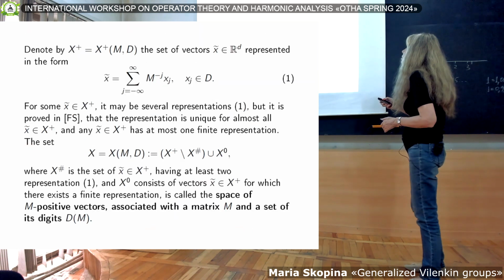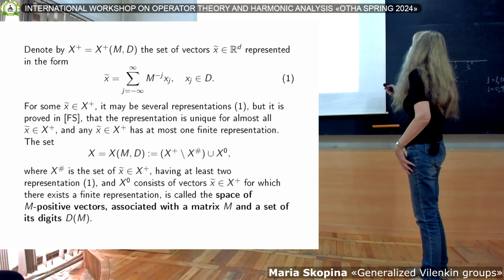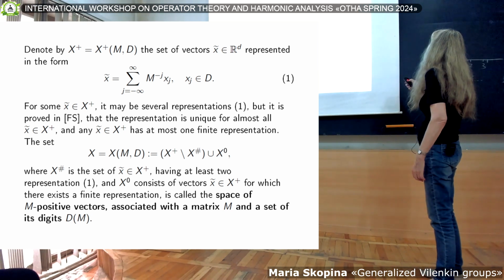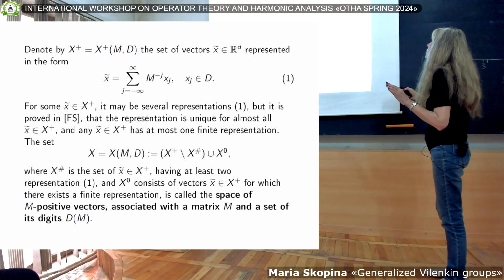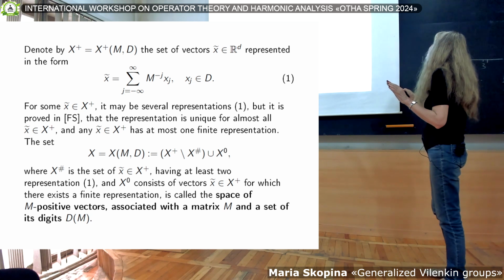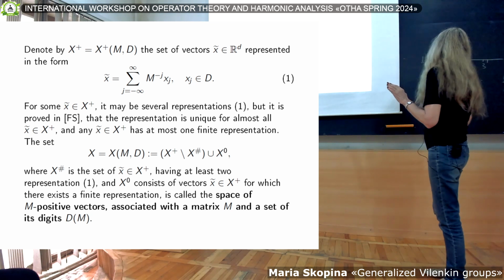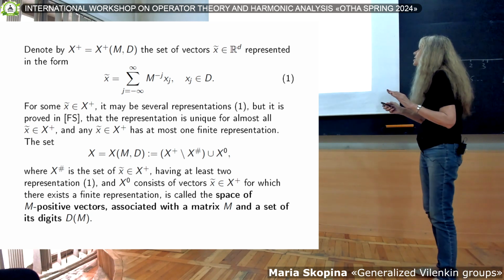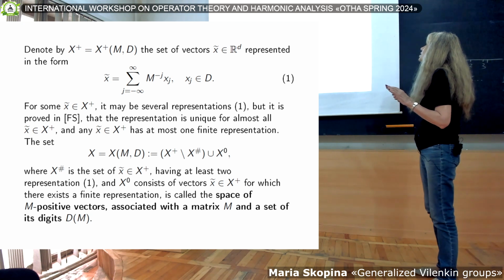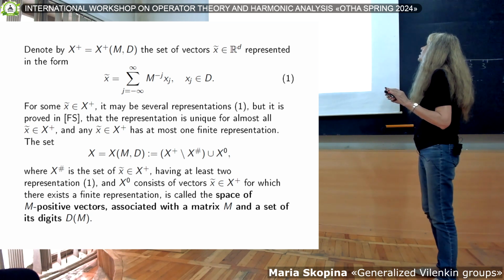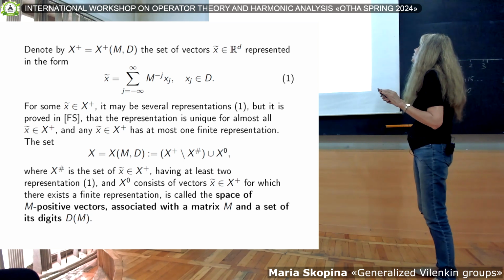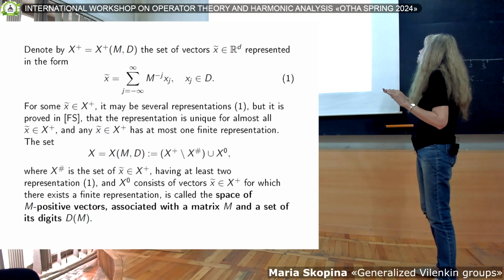Now, the definition. First, we define X plus, the set of vectors in the space R^d represented in this form. It is well known that if M is a dilation matrix, then this is a convergent series. But in difference with the one-dimensional case, in the multidimensional case it may happen that there exist some points x tilde for which the infinite representation is not unique.